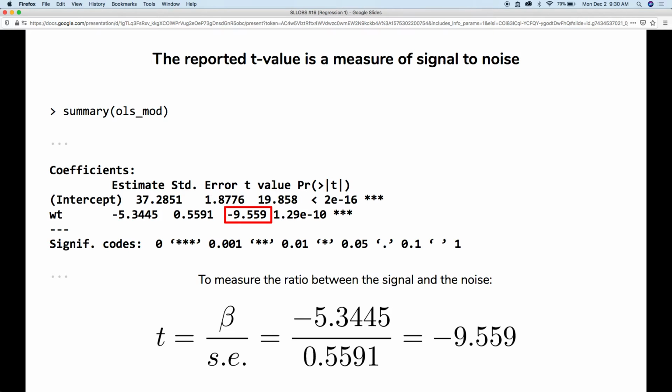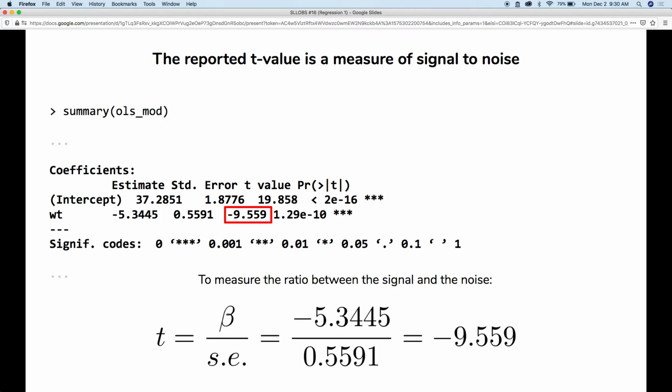And that's going to give you this t-value. In the case of our regression example, the t-value is negative 9.559, and you can see that reported. The columns here are hard to interpret, but that's the t-value that's actually reported in your ordinary least squares summary.